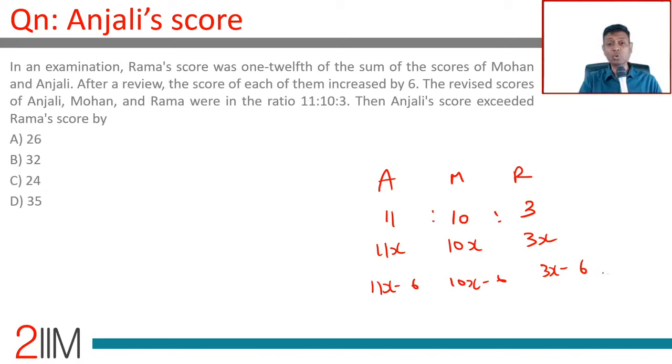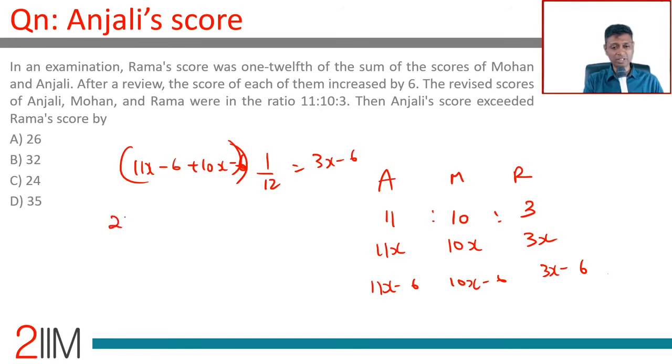Now Rama's score was 1/12 the sum of Mohan and Anjali. So (1/12) times ((11x minus 6) plus (10x minus 6)) is 3x minus 6. 11x plus 10x is 21x minus 12 equals 36x minus 72. 60 equals 15x, or x is 4.